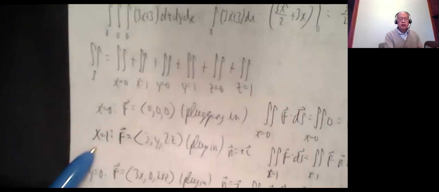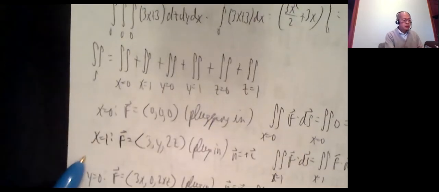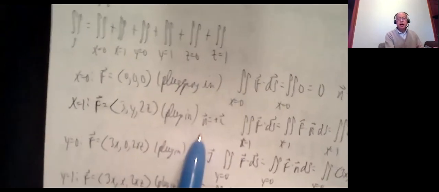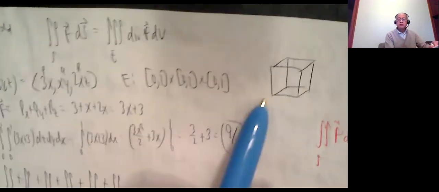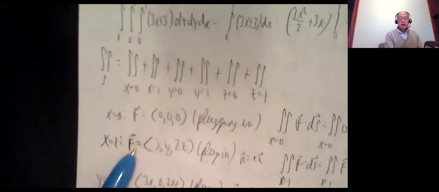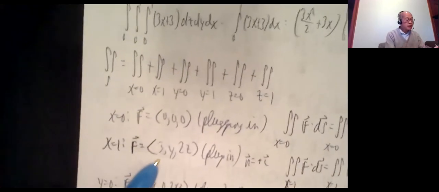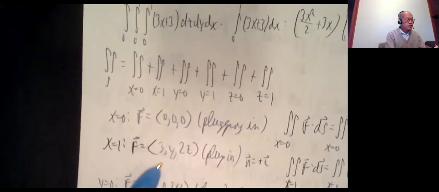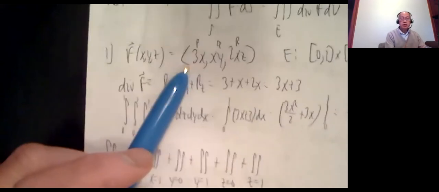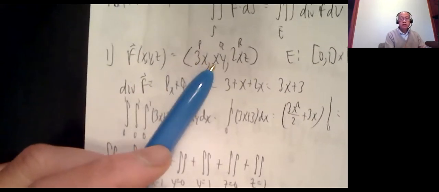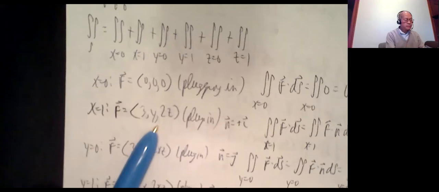Okay, x equals 1, the front. The unit normal vector is positive i, right? For the front surface, you're coming out. So f is 3y²z, plugging in x equals 1. n is i.